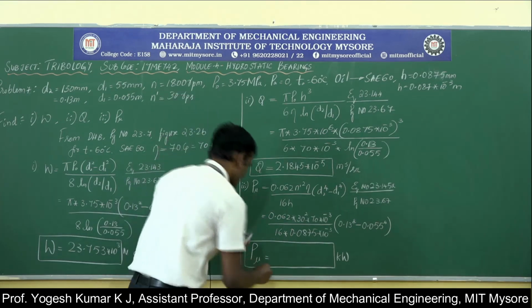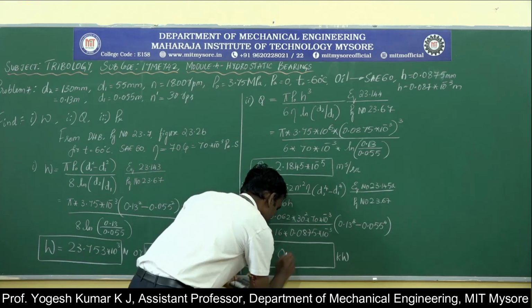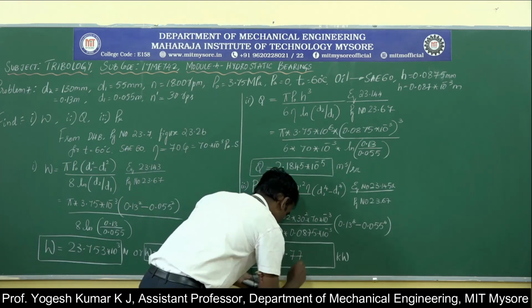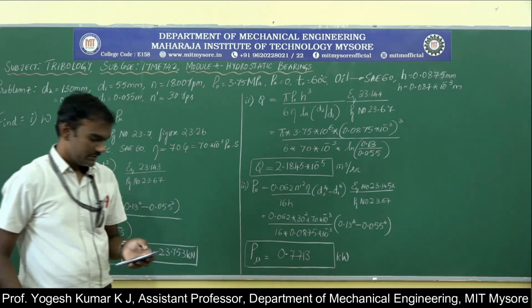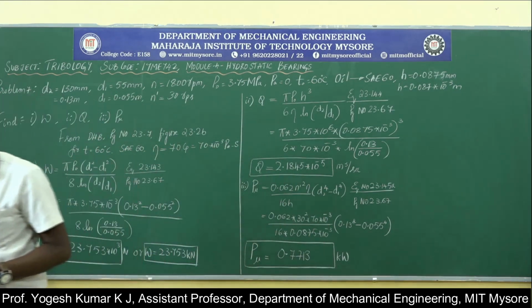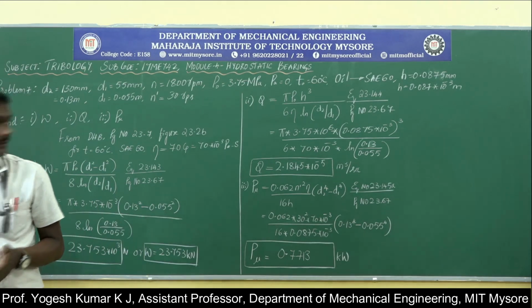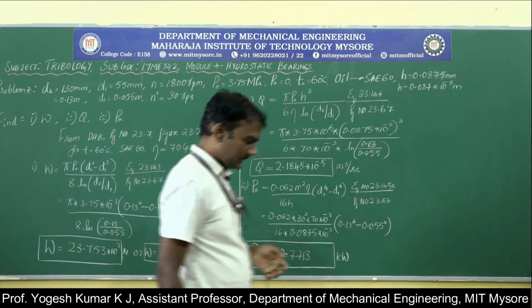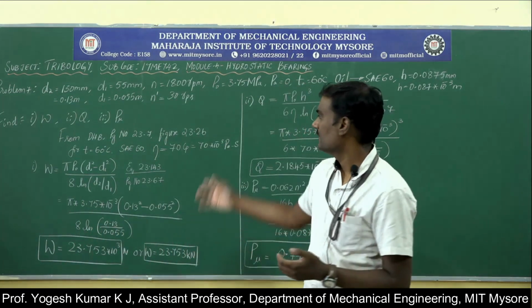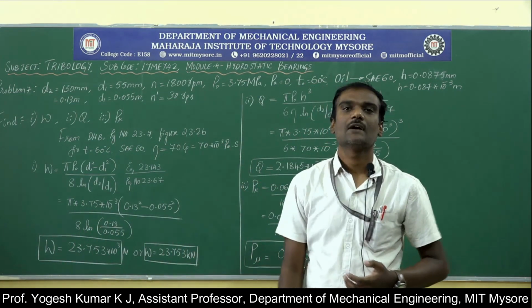So we get the power loss as 0.07713 kilowatts. So observe, we have done the problem, and accordingly we have calculated the unknowns that they have asked.